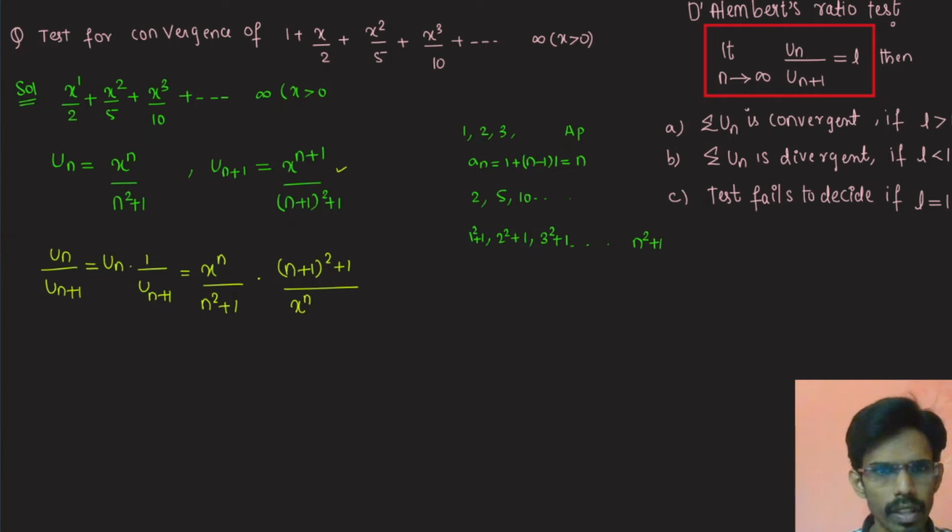Separate x power of n and x power of 1. Now this x power of n and this x power of n will get cancelled. Now here we have n plus 1 square plus 1 upon n square plus 1 into 1 by x.